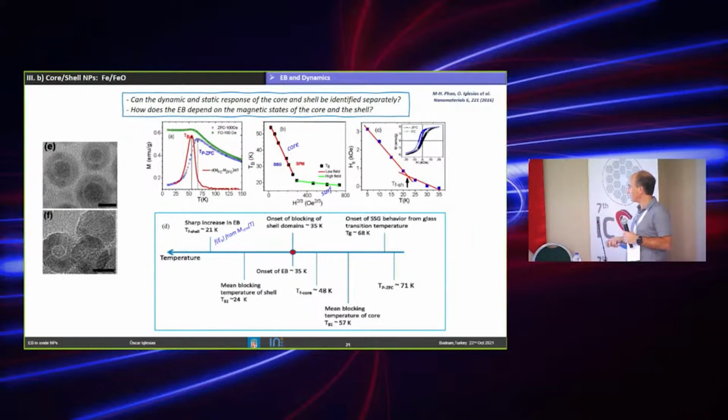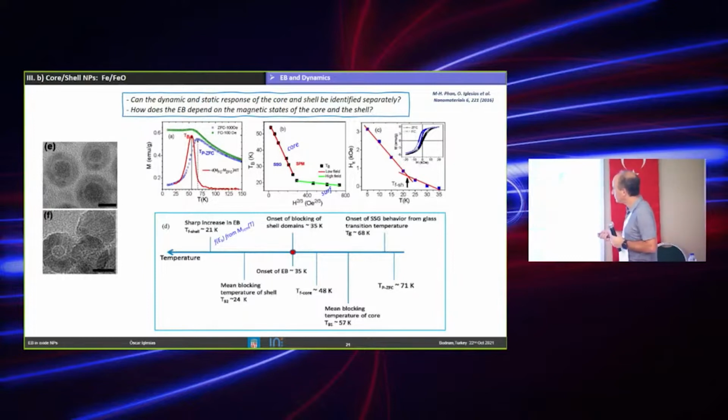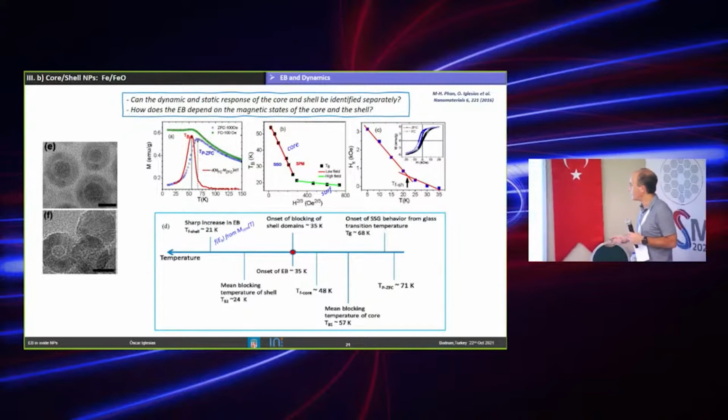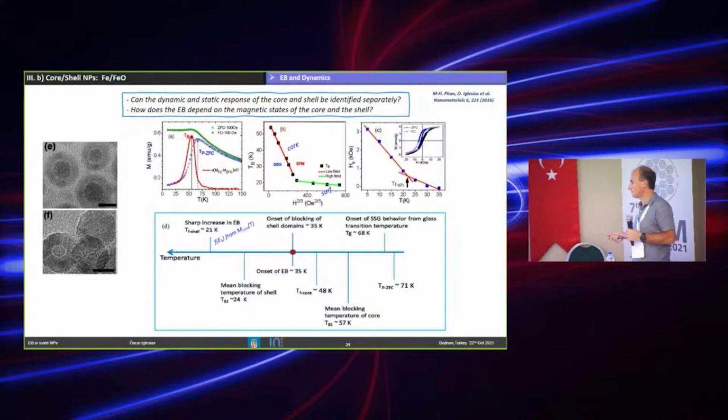So, synthesized core-shell nanoparticles are not really like in the model that I showed you before. As you can see here, there are some lines that separate different crystalline orientations on the shell.